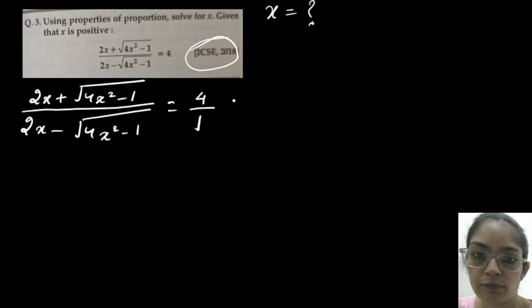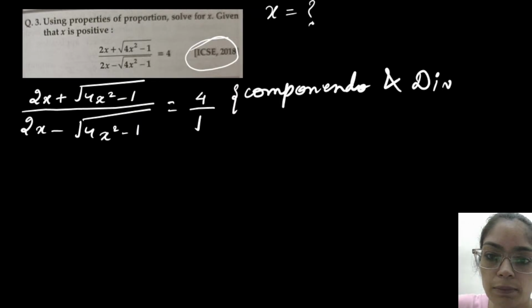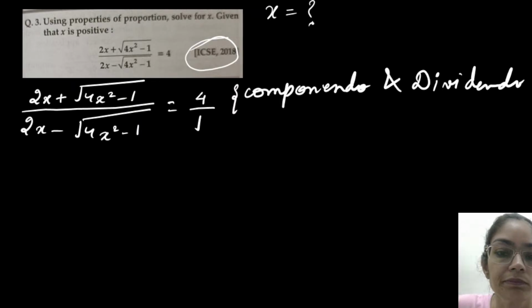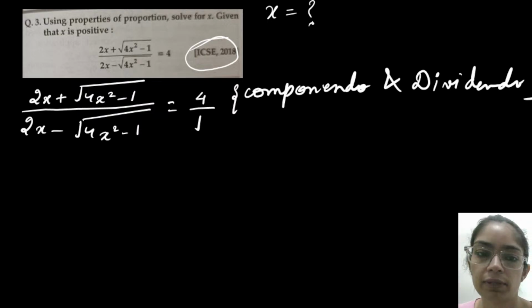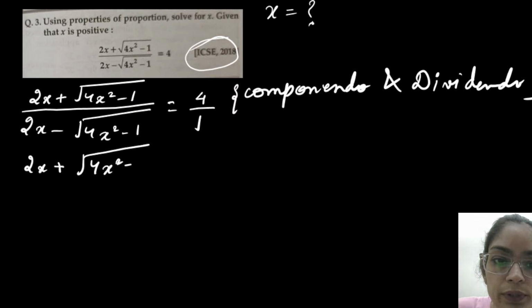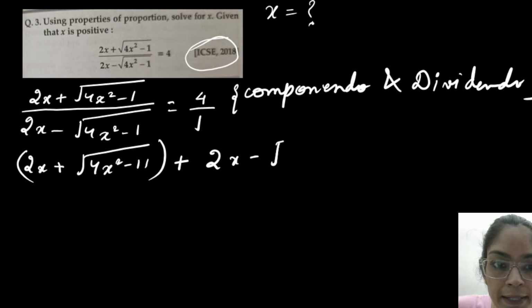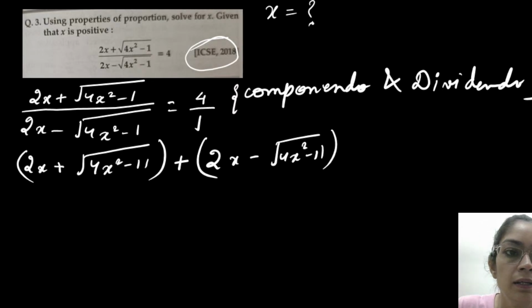Always remember, here we will apply componendo and dividendo. So you have to write: by componendo and dividendo. When we apply it, it should be on both the sides. It is sum of numerator and denominator. Our numerator is 2x plus root 4x square minus 1. This is the numerator, and sum means addition, plus 2x minus root 4x square minus 1. Sum of numerator I have written.